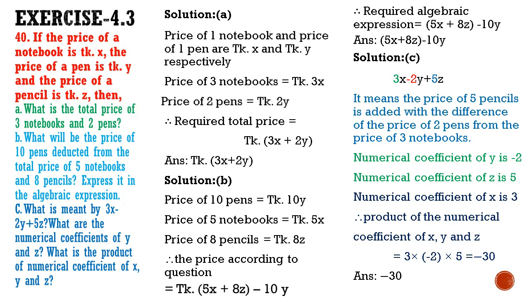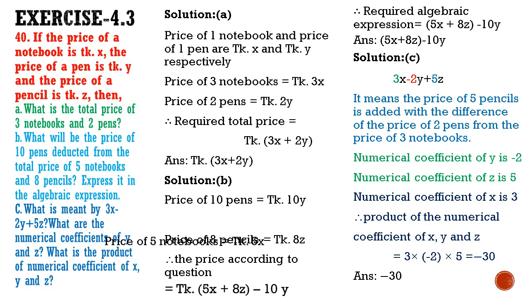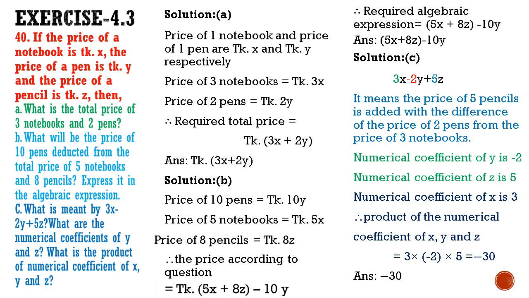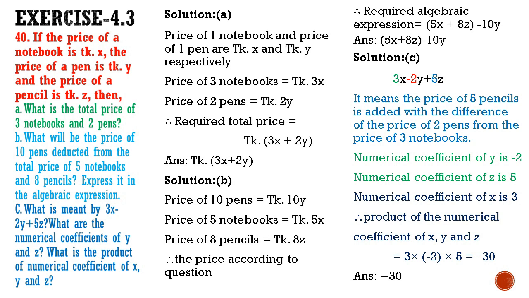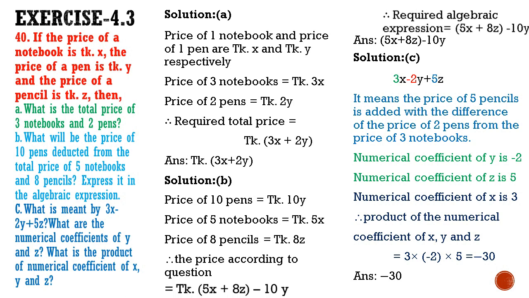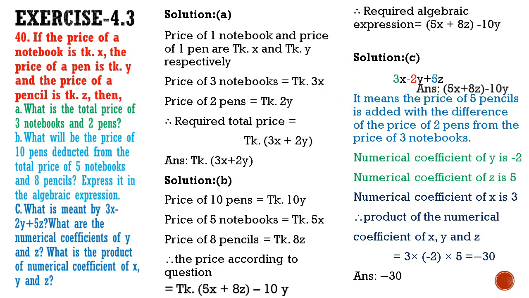As you can see, the total price of 3 notebooks and 2 pens is 3x plus 2y. After that, solution number B, my dear, we have to find out, according to the question, that the price is 5x plus 8z minus 10y, and this is the algebraic expression.